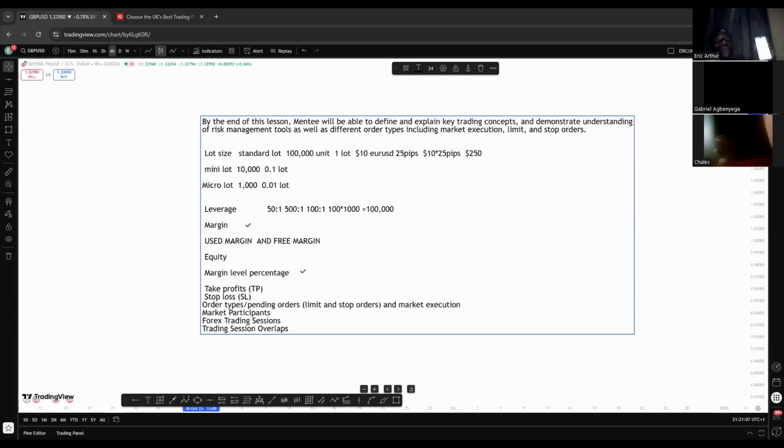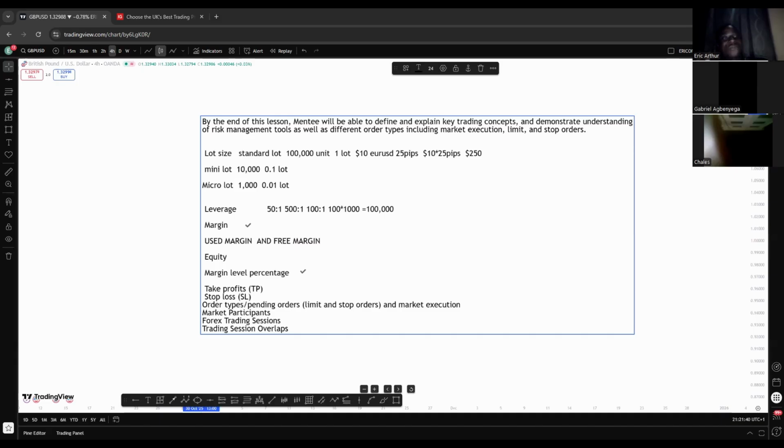When you open a trade, you see the margin level there in percentage. The higher the percentage, the healthier your account is, and the more free margin you have available to open a new trade.